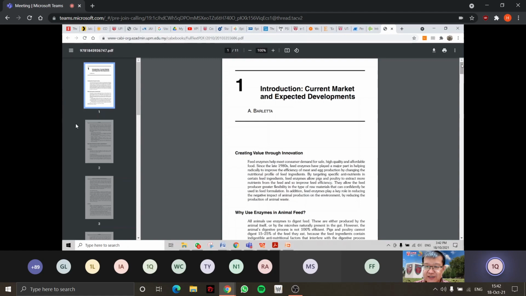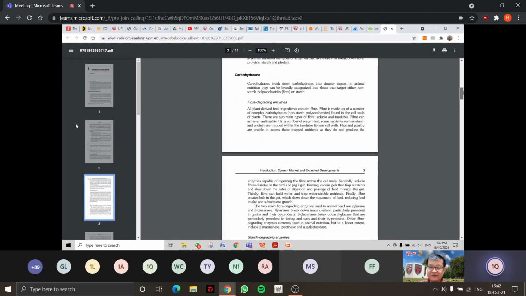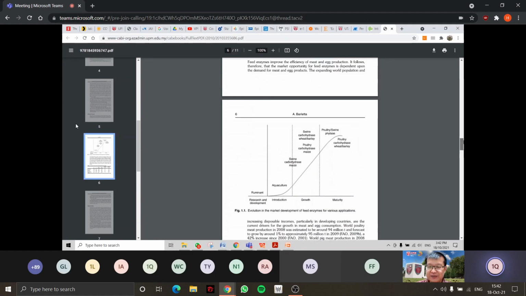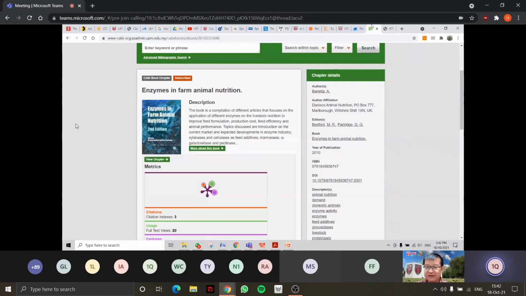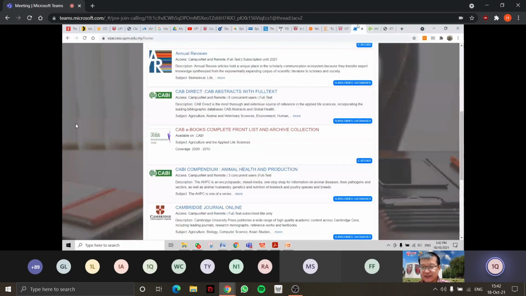So this is the entire chapter of the book. The books are available for you because UPM has already paid for this. But I doubt many of us are actually using it. Even among the academic staff, not many are using it.